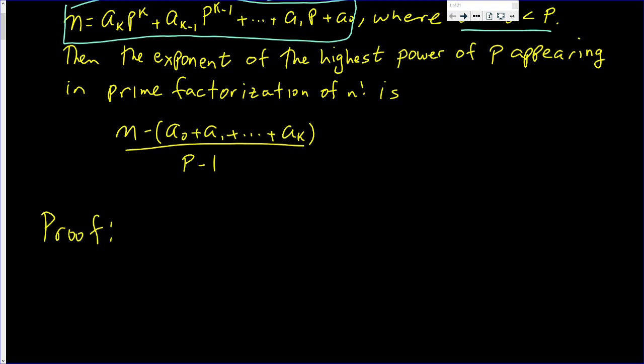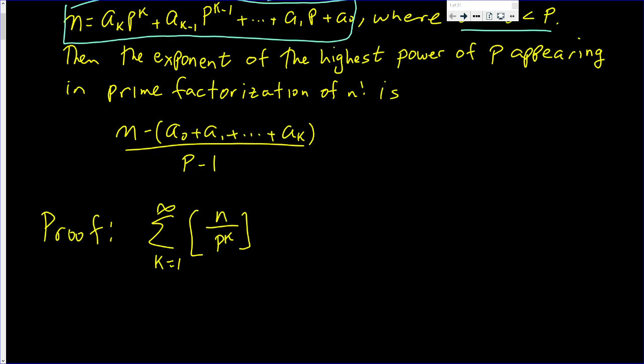We prove theorems. Now, we know that the largest power of p that divides n factorial is always the summation of the greatest integer function of n divided by p to the k as k goes from 1 to infinity. Now, k doesn't need to go to infinity.